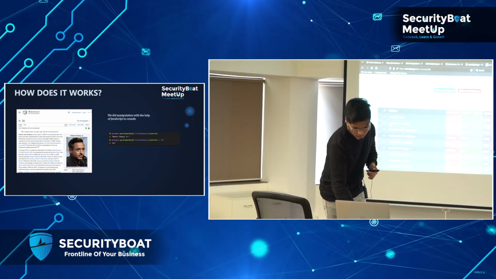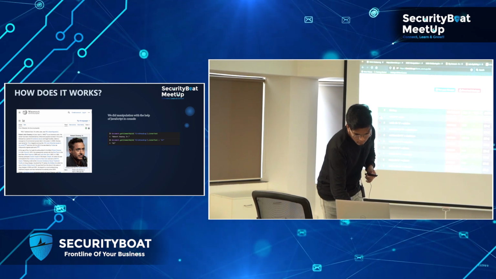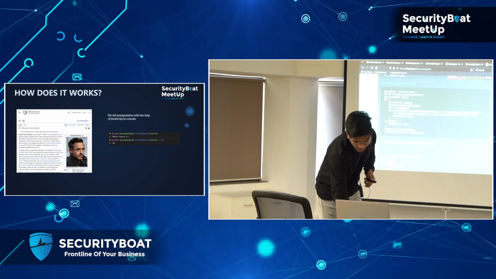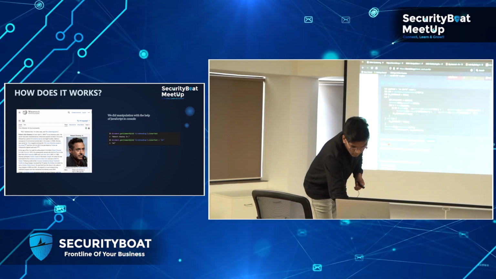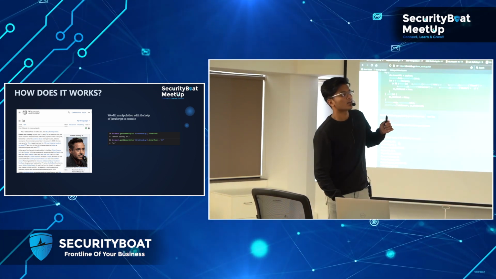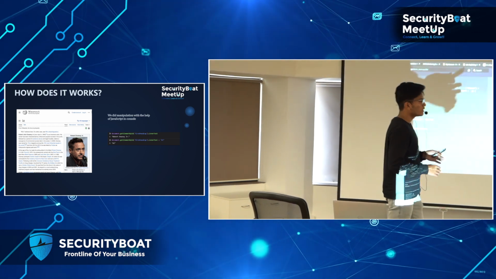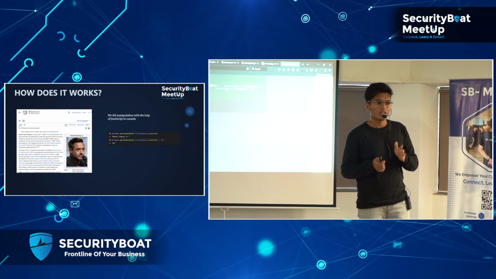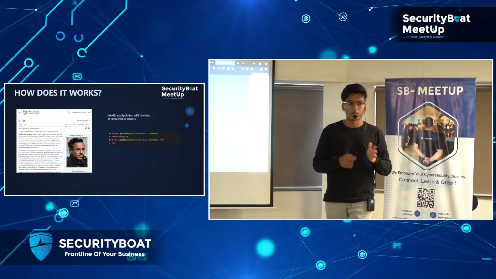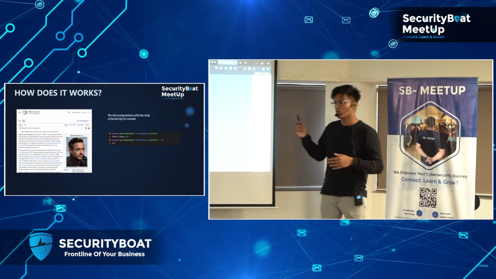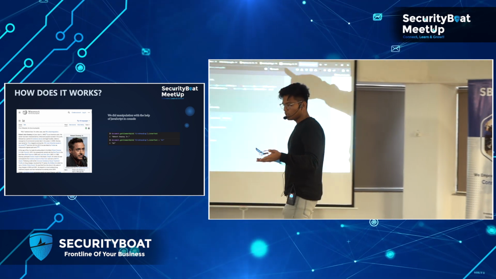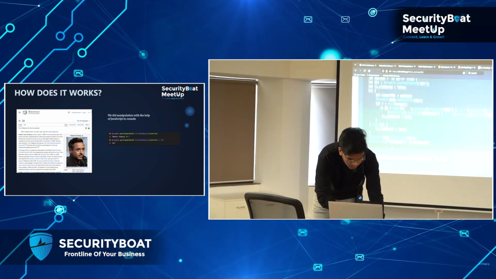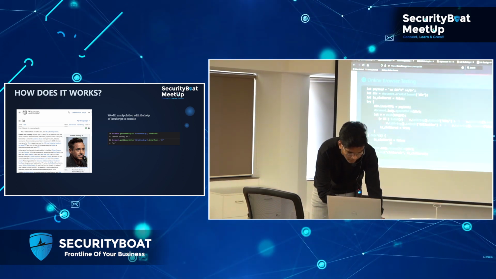So when I see this markup, I want to test it on my website. Every vulnerability does not work with every browser. Sometimes it may work with Firefox, sometimes it may not, sometimes it may work with Chrome and other browsers, but sometimes it may not. You can see the markup here.